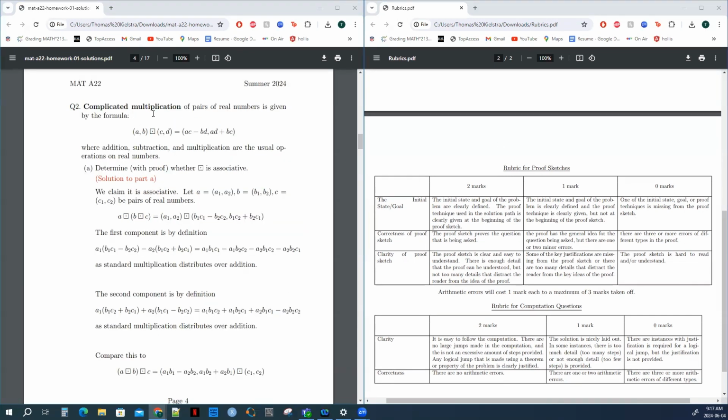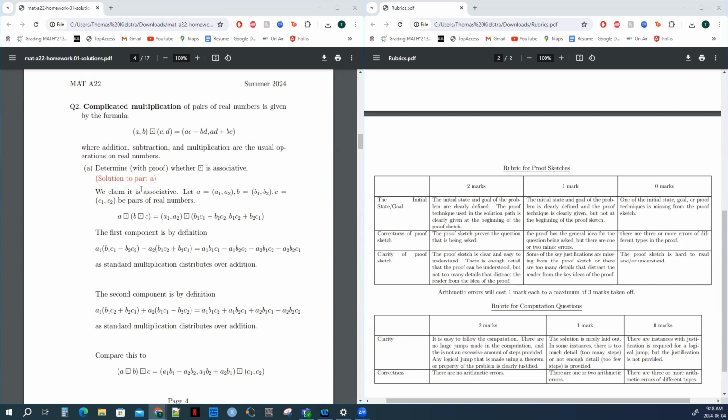Now, if we look at this explanation, we're given complicated multiplication of real numbers, where addition and subtraction and multiplication are the usual operators. And determine with proof if this addition is associative.